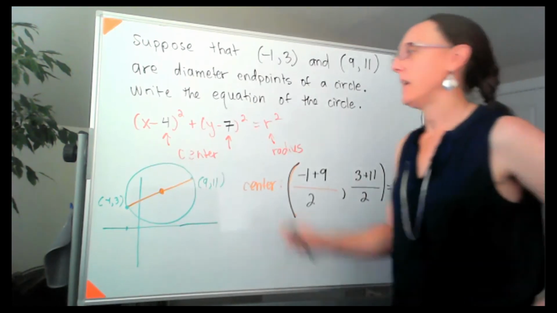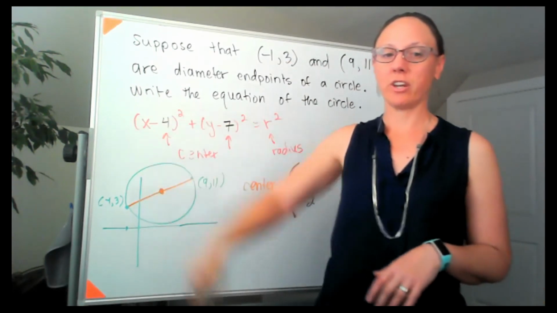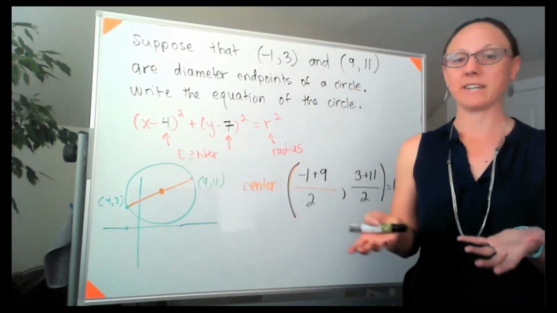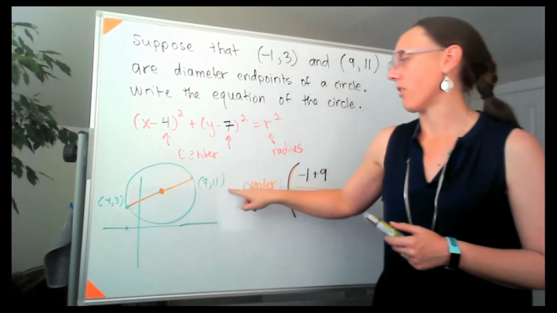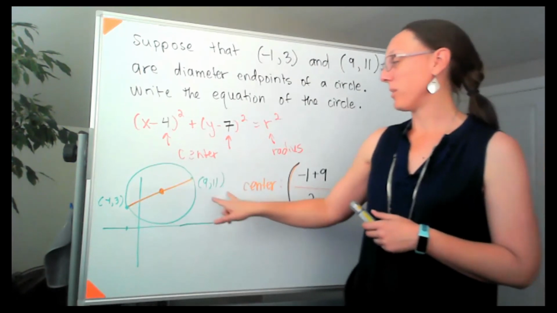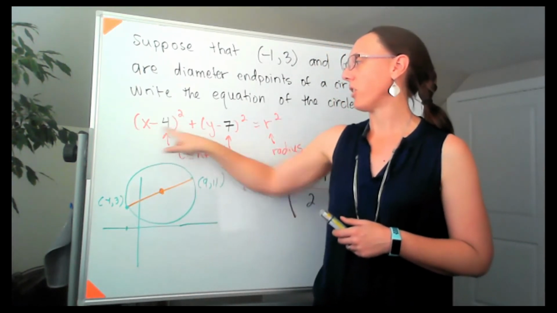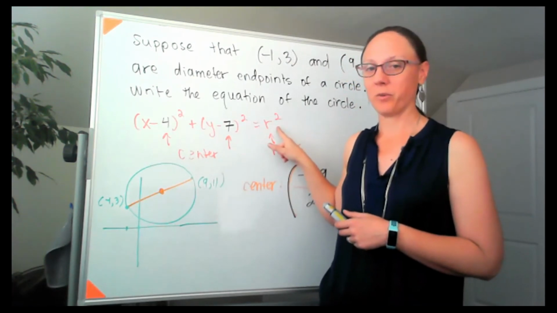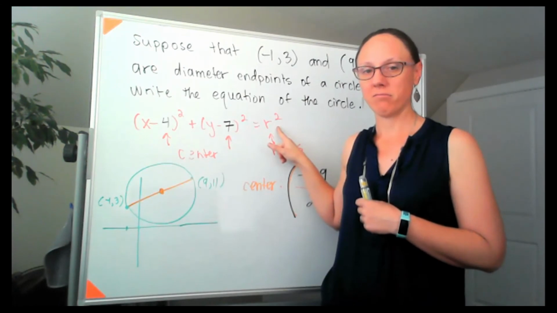But if this is the equation of our circle, that means this equation has to work for every single point on our circle. And we already know 2 points that live on our circle, which means if we plug in one of those 2 points for the x and y value, we're already going to know what the radius squared is. And that's the way that I'm going to approach this.